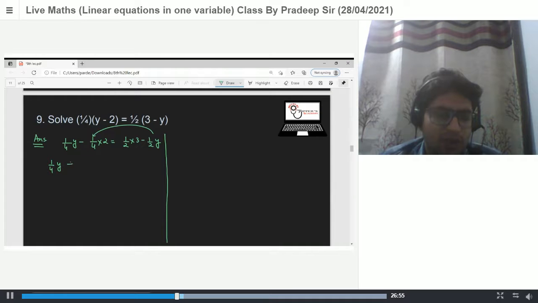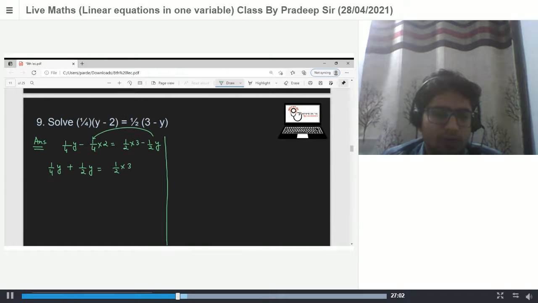This will become plus 1 by 2y is equal to 1 by 2 into 3 plus 2 by 4. LCM is 4. Then this is y plus 2y is equal to 3 into 2 plus 2, over 4. So the 4s cancel. This will become 3y is equal to 8, so y is equal to 8 by 3.